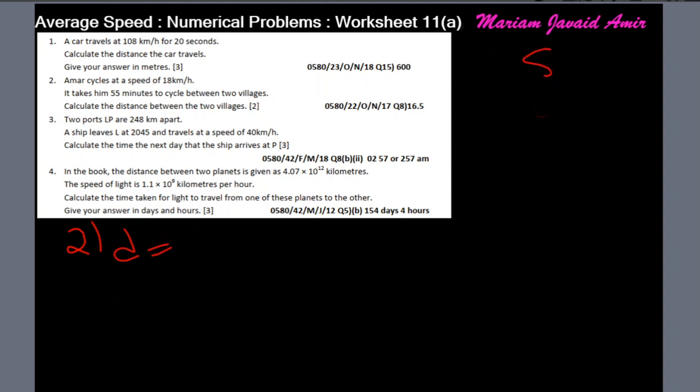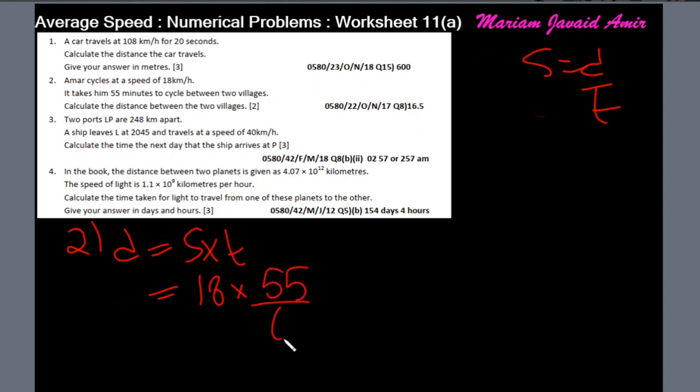Speed is distance over time, so distance is speed times time. Speed is 18 kilometers per hour. Time is 55 minutes, change it to hours, so we get 55 over 60 hours. So 18 times 55 over 60 gives us 16.5 kilometers.